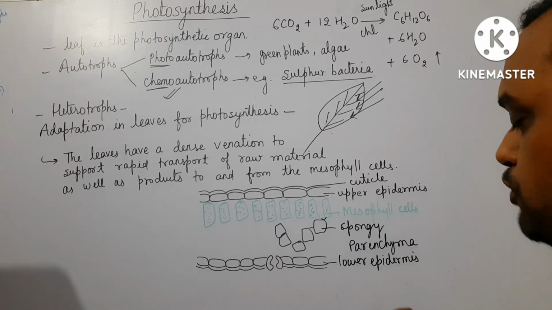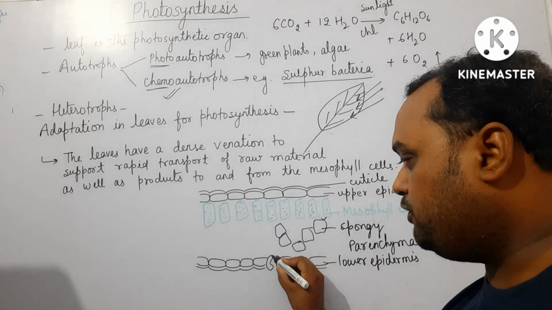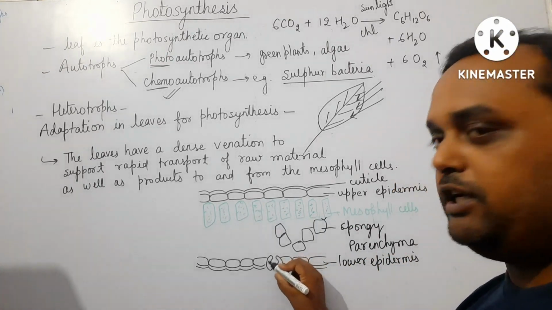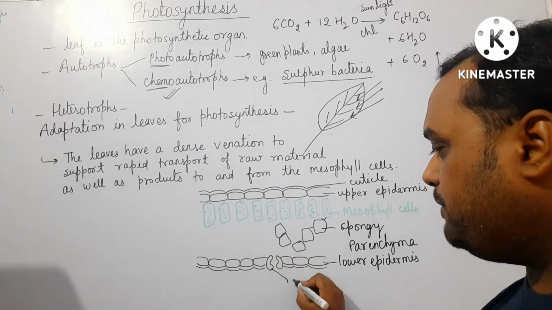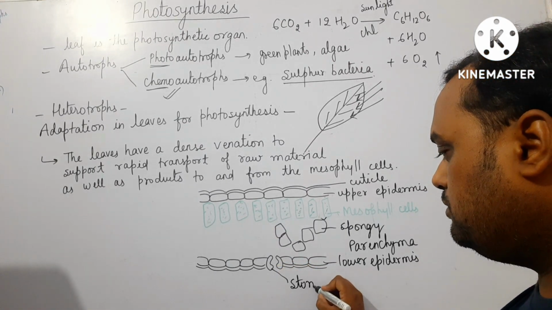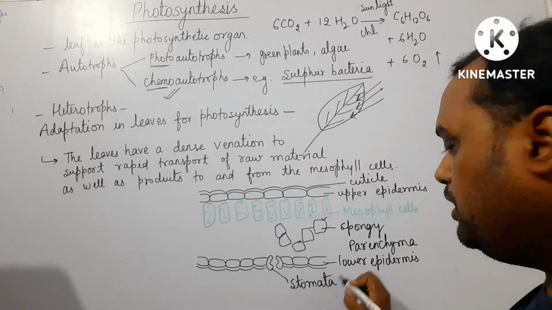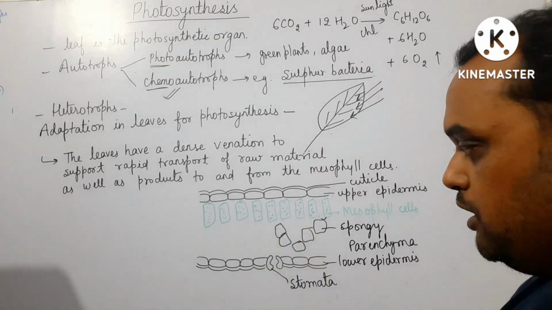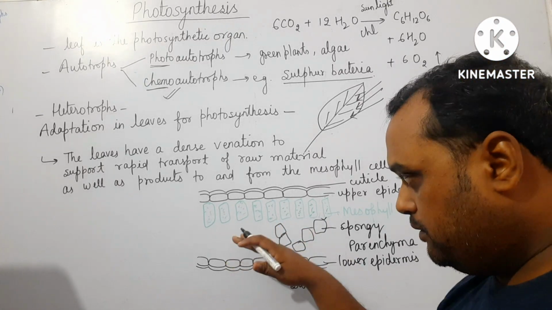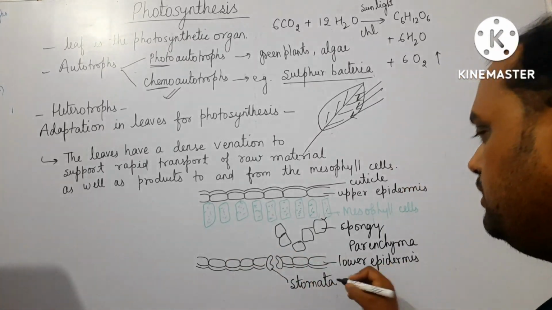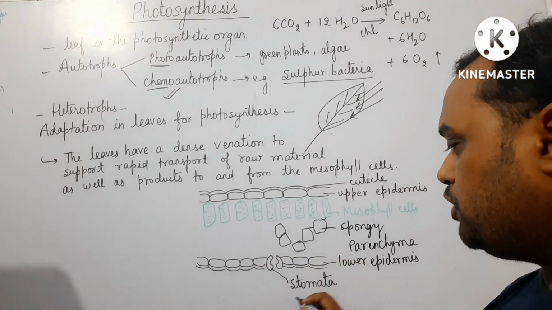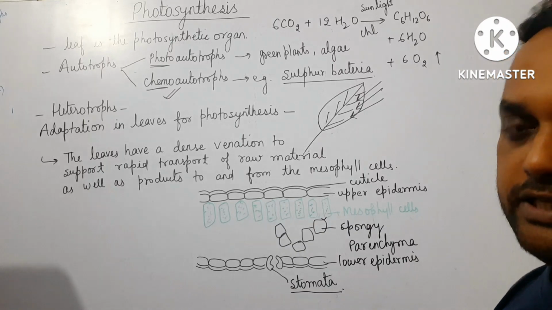In the lower epidermis you can see bean shaped or kidney shaped stomata are present for gaseous exchange. In the lower portion of the leaf most of the stomata are present.